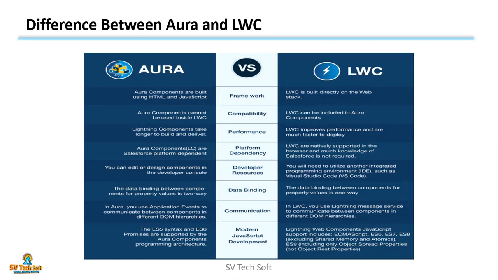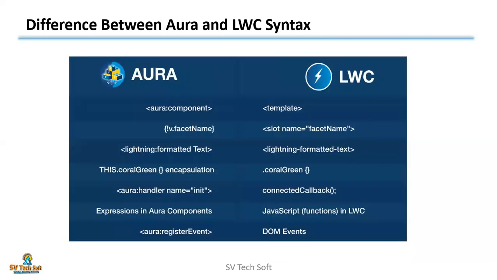Modern JavaScript development: Lightning Aura was built on top of ECMAScript 5 or before. But Lightning Web Component JavaScript supports ECMAScript 6, 7, 8, because it has more web standard and less framework. It works natively. If you have some knowledge of HTML and JavaScript, it's very easy in LWC. In Aura, you have to use the aura component tag whenever you create a component.